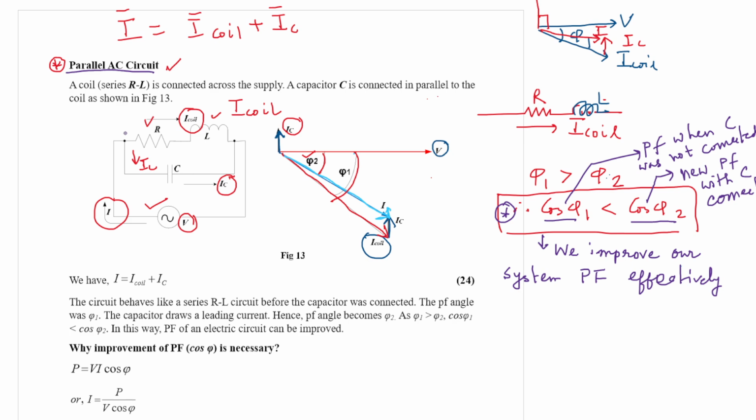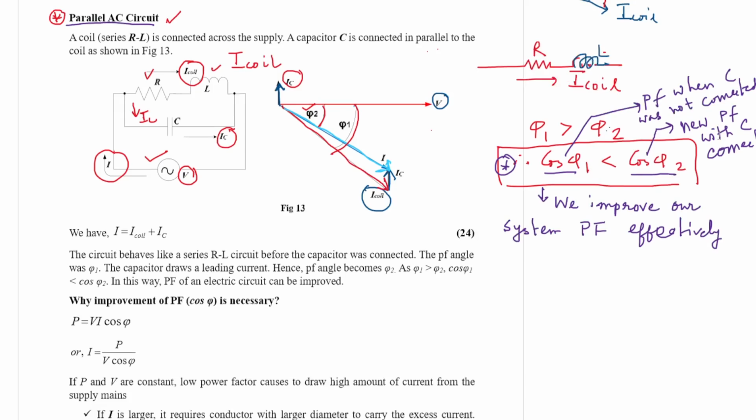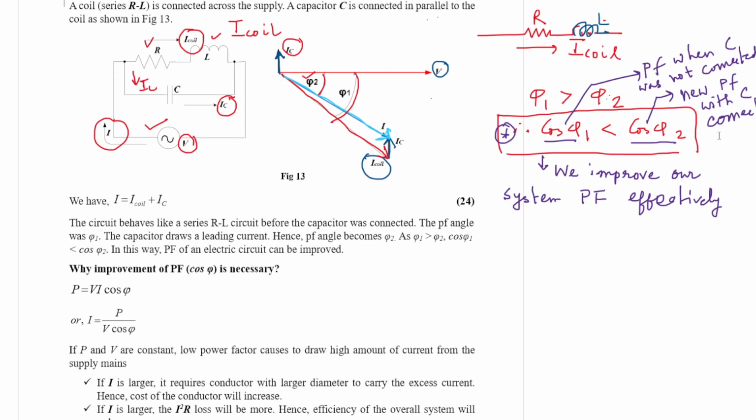The original topology of a parallel AC circuit may be different, but this is one of the forms, when RL is in parallel with C. This is very important because if we add a capacitor in parallel, the overall power factor of the system will be improved.